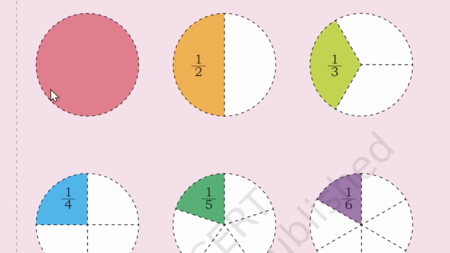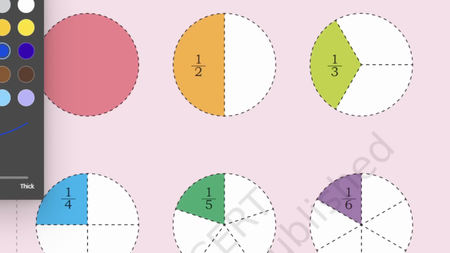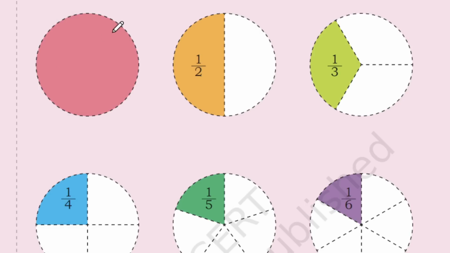So here, this is the whole. I'll write in yellow color. This is the whole part, and we have half here.